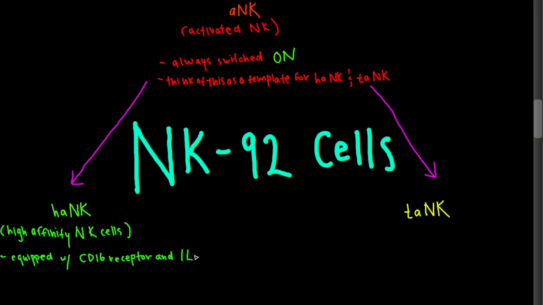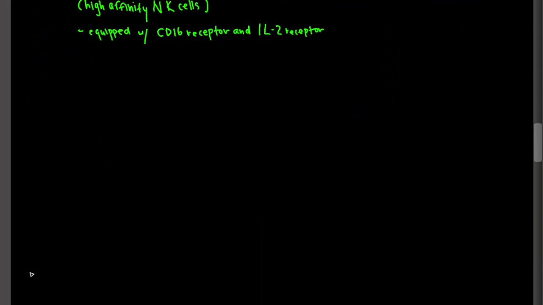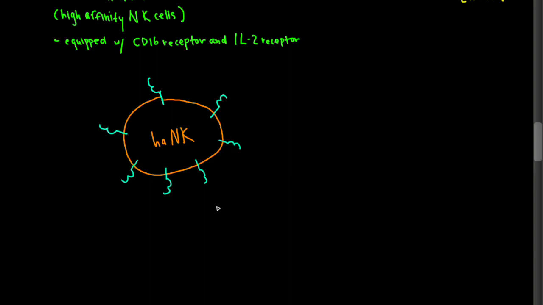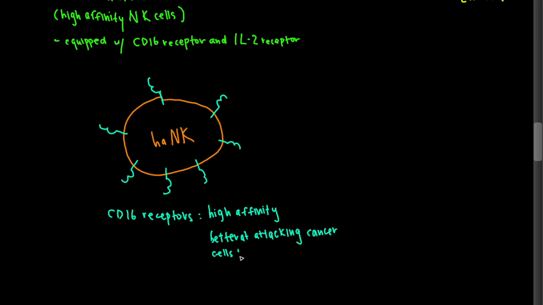Well, these CD16 receptors allow the NK cell to attack cells with very high levels of affinity, hence the name of the cell: high affinity natural killer cell. And this is really useful because only 1 out of 10 people are born naturally with these CD16 receptors. These HANK cells will provide the other 9 the means to actively kill tumor and viral cells.